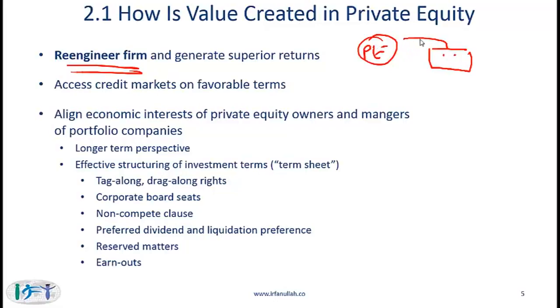So the private equity firm takes over, makes the firm more efficient, and obviously the taking over will happen at a relatively low price because this company is not very efficient. Then the private equity firm actively helps manage the company and improves the performance, makes it more efficient. What then will happen to the value of the firm? The value of the firm will go up, and then the private equity firm sells it off at a higher price.